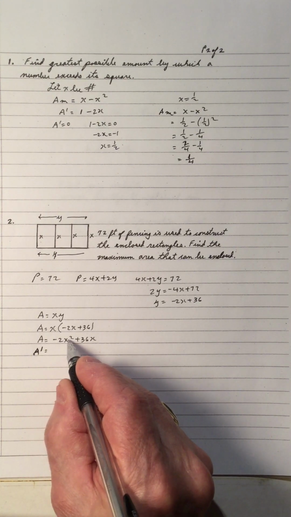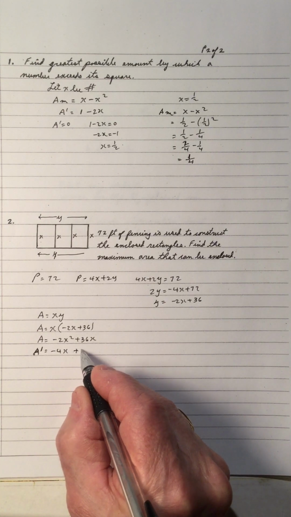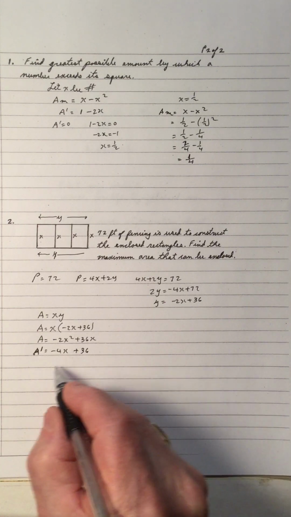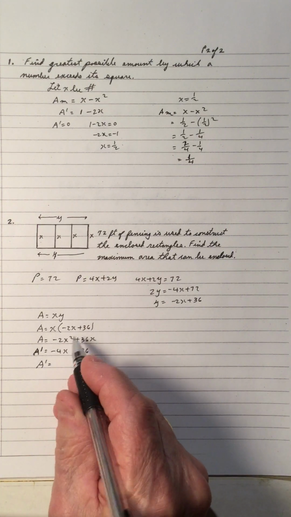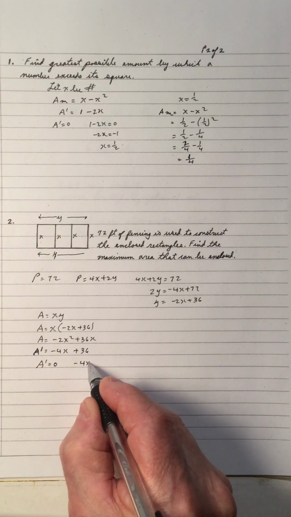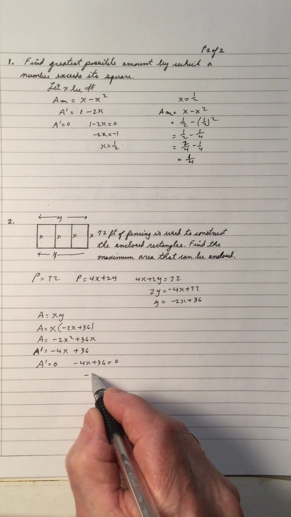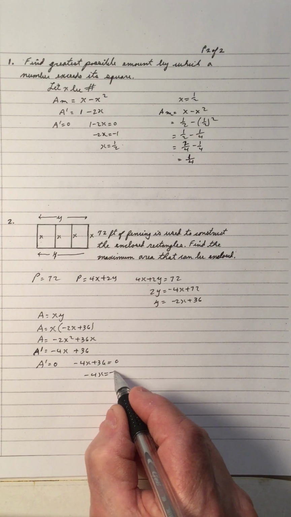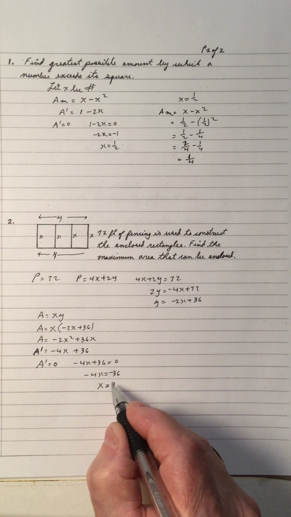That's negative 2 times 2, which is negative 4x. The derivative of 36x is 36. If we let A prime equal 0, we have negative 4x plus 36 equals 0. Negative 4x equals negative 36. Dividing by negative 4, x is 9.